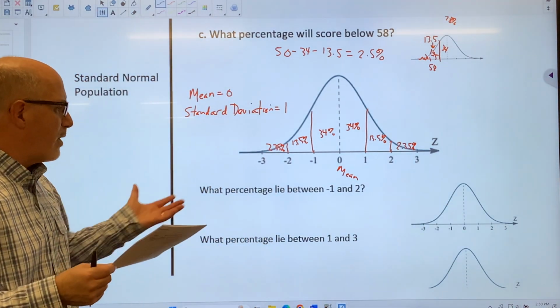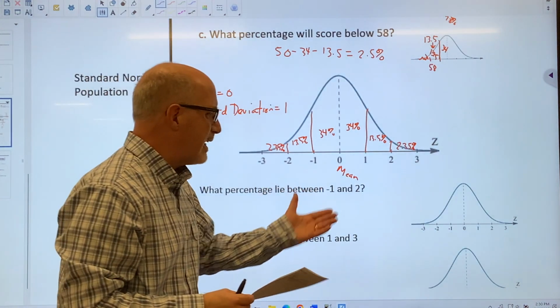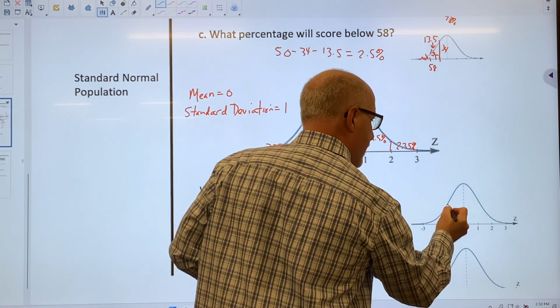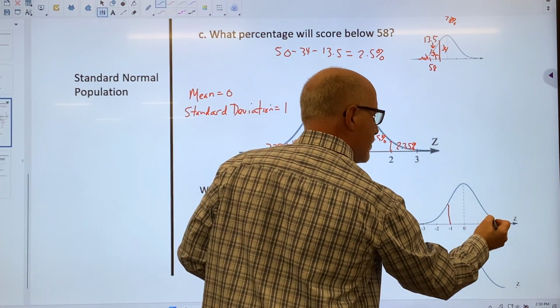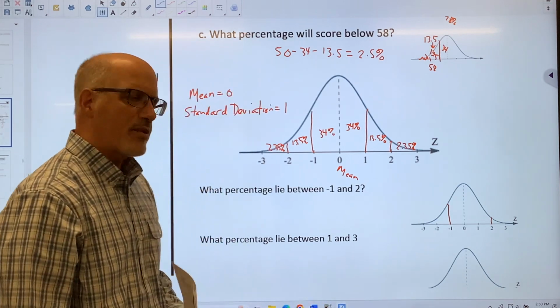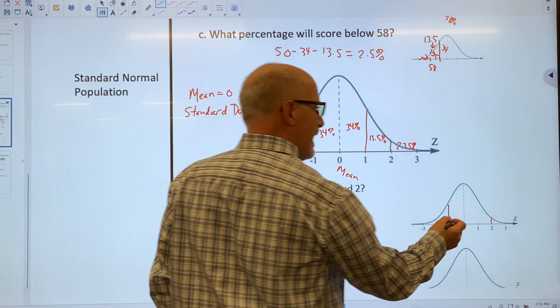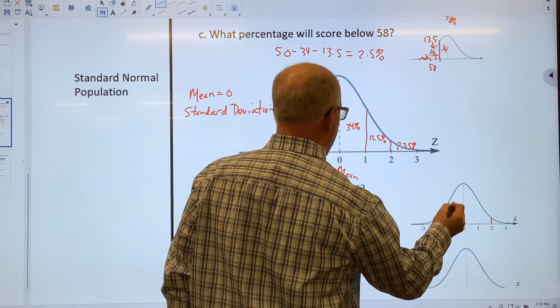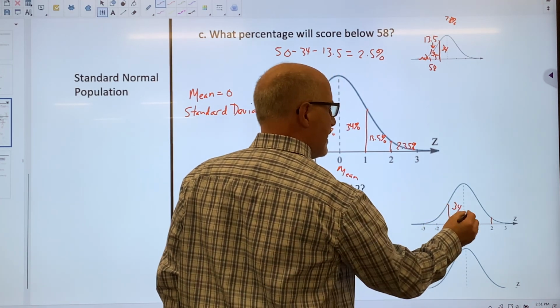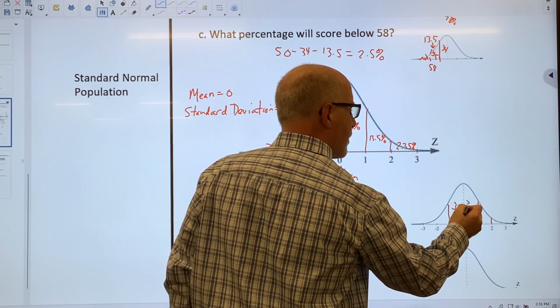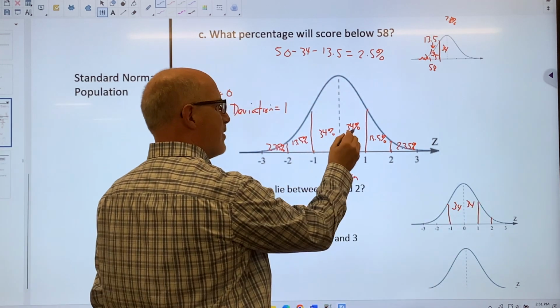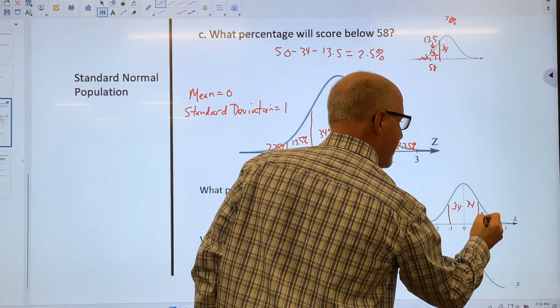Now, what if we want to find the percentage that lies between -1 here and +2? What would that percentage of data fall between those? Well, what we're going to do is take the different regions, like here's a 34%, here's another 34%, I'm going to add those two, and then we have a 13.5.